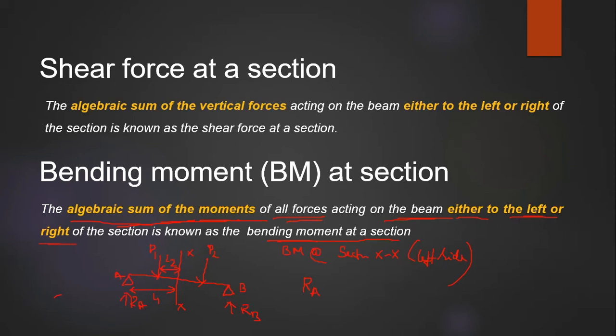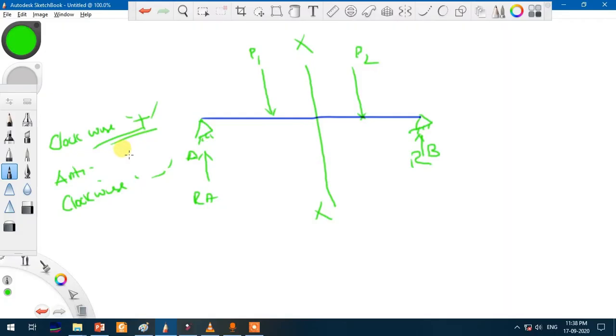So RA into L1 is the moment of force RA about XX. And similarly, P1 into L2 is the moment because of load P1 about XX. So what is going to be positive and what is going to be negative? Clockwise is positive, and if the moment is anti-clockwise, it is taken as negative.